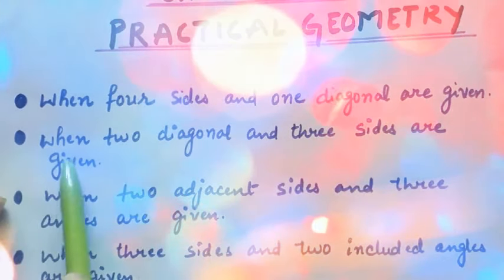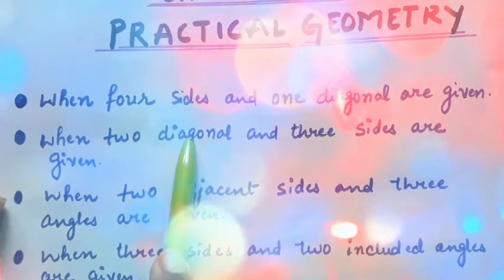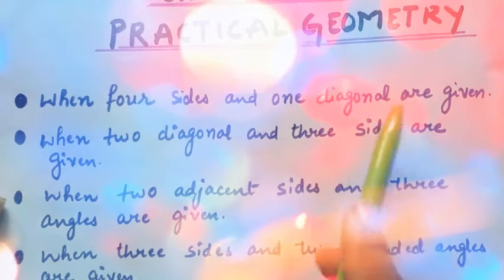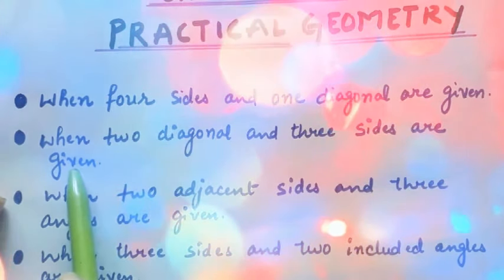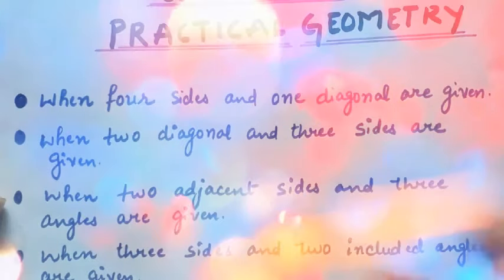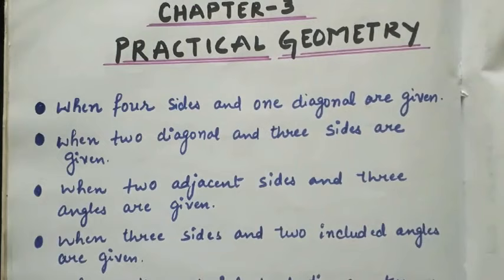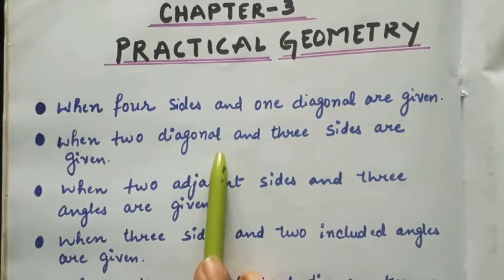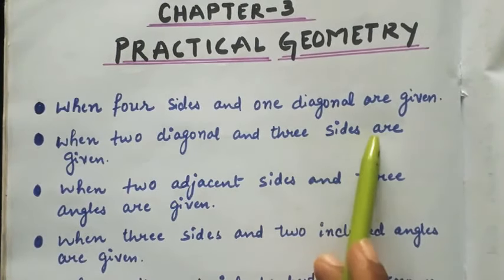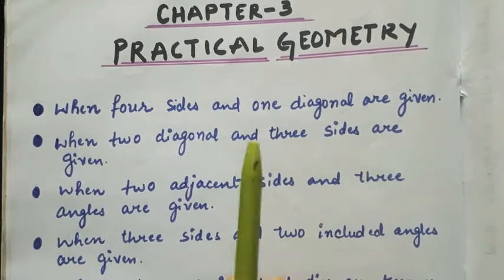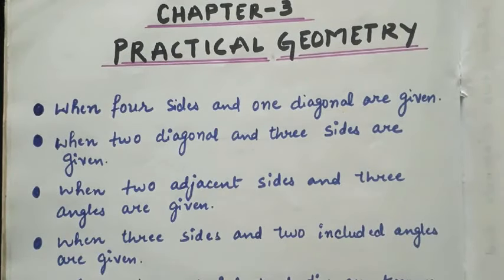The second one is when two diagonals and three sides are given. Don't worry, I will discuss each and every condition in detail, and with one example I will explain how to construct that type of question.